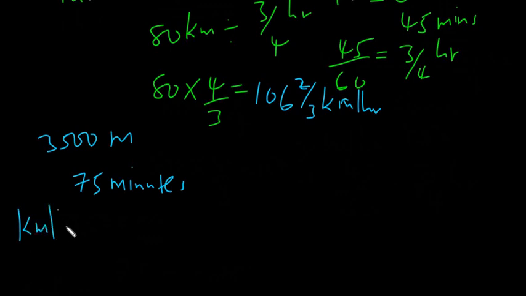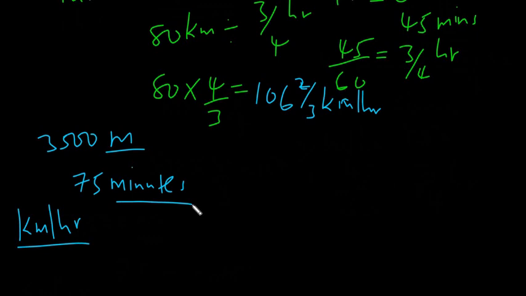We're being asked to find the average speed in kilometers per hour, but the unit for the distance is meters, and the time is in minutes. So we need to do something to these meters and these minutes and make them kilometers and hours respectively.